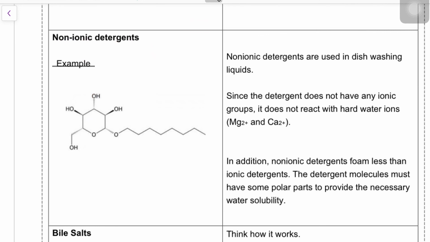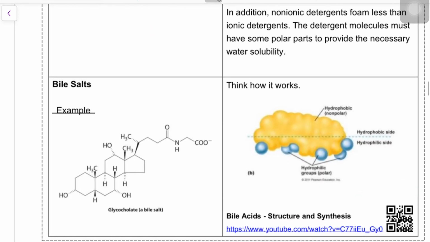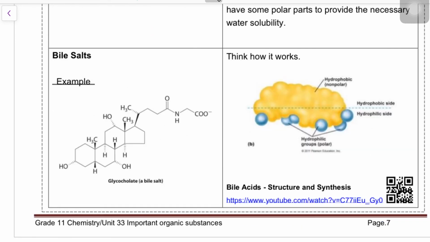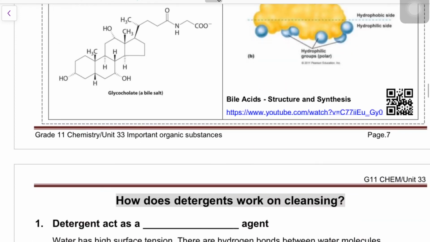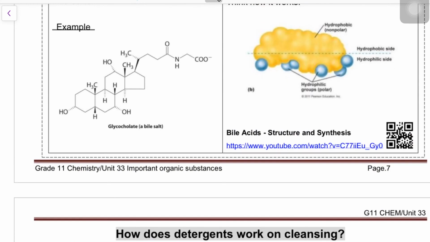Yes, here it shows. For those students who study biology, this one will look familiar. This is bile salt. It is more or less the same structure as we mentioned before: a positive or negative charged head, followed by a long carbon chain.